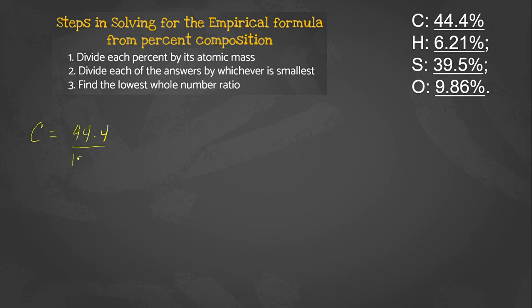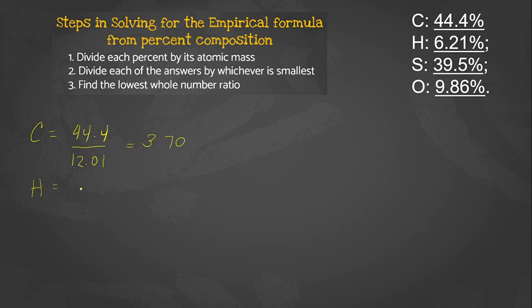So, it's 12.01 base sa periodic table. Okay. So, solve. Let's get the calculator. So, it's 44.4 divided by 12.01. So, it's 3.6969. So, gawin na natin 3.70.